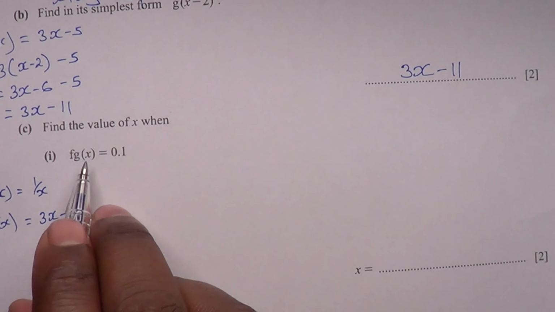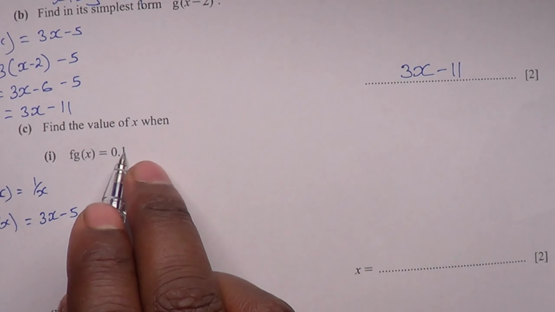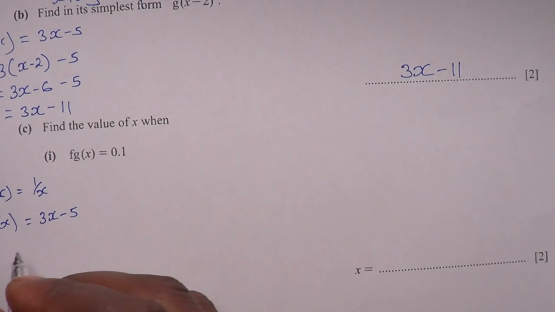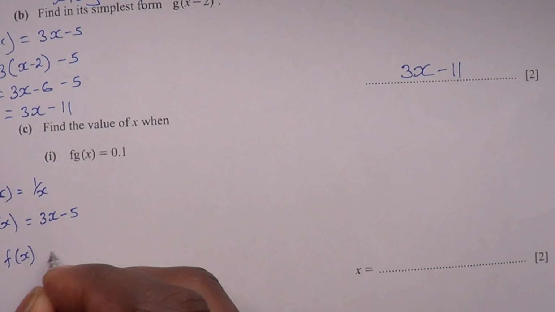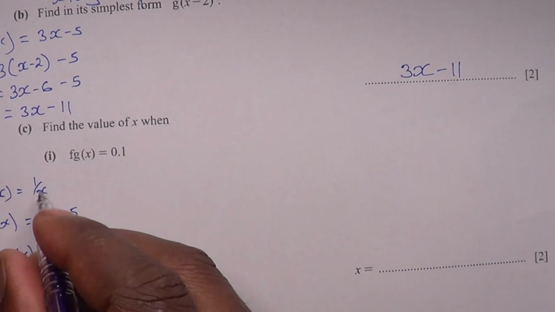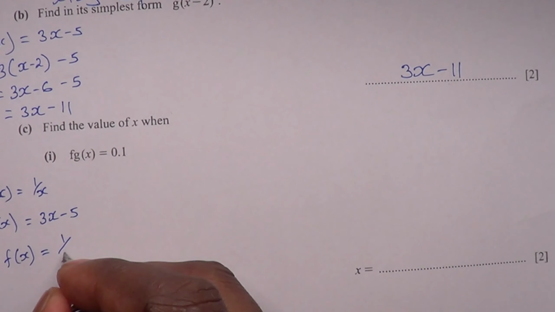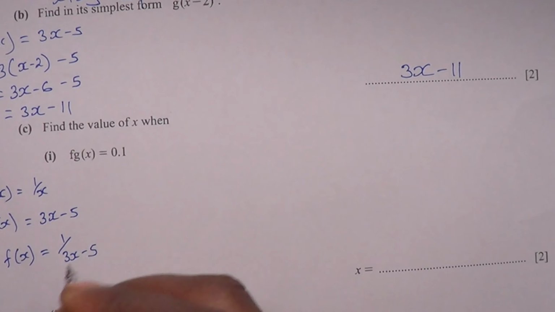So I write that f of x, which is 1 over x, now I replace x with 3x minus 5.